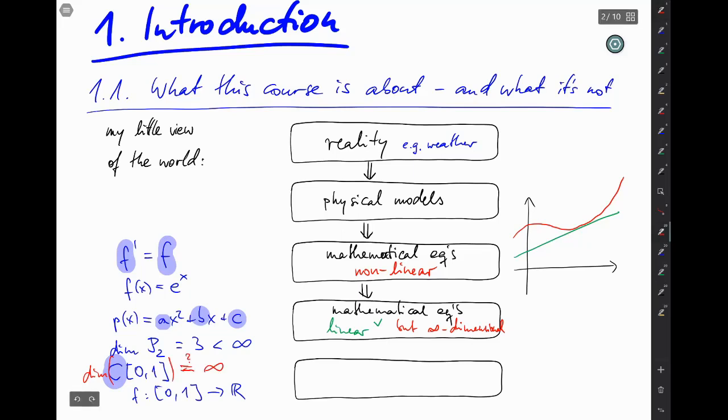Well, try to find an argument, think about it, and let's talk about this in the problem session. So this is one of the first questions besides those on the exercise sheet. Now, in an infinite dimensional space, you have infinitely many basis elements.